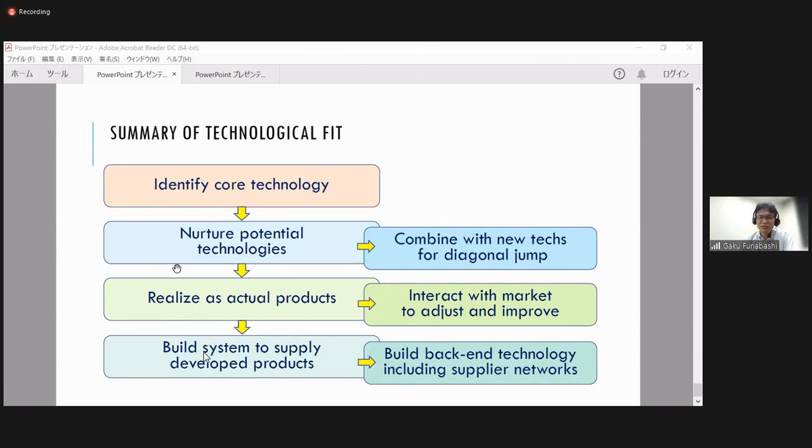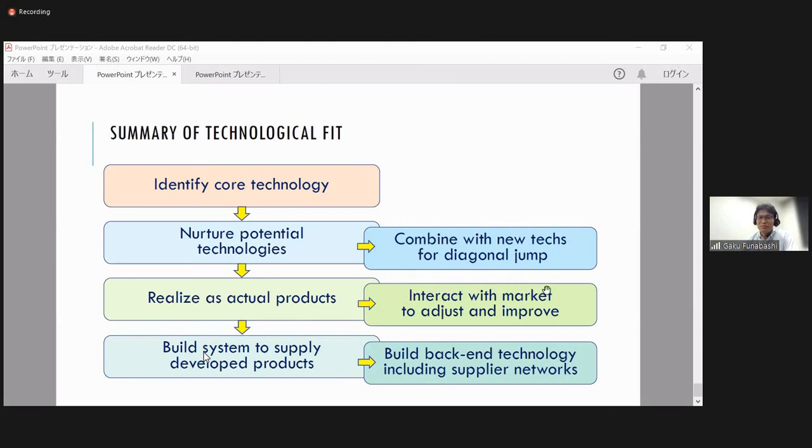Then after you nurture the technologies, that is the time to realize them as products. And for realizing the actual products, it is similar to the process of lean startup with minimum viable products, interacting with the market to adjust and improve.